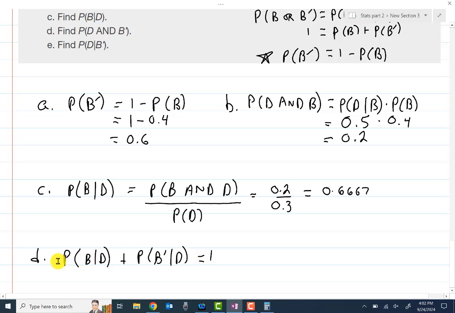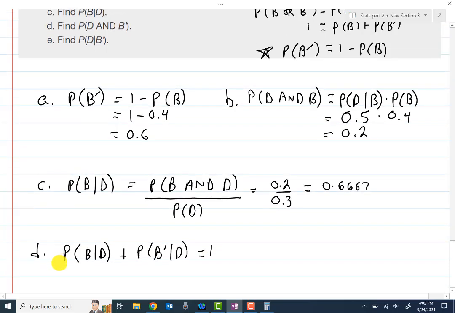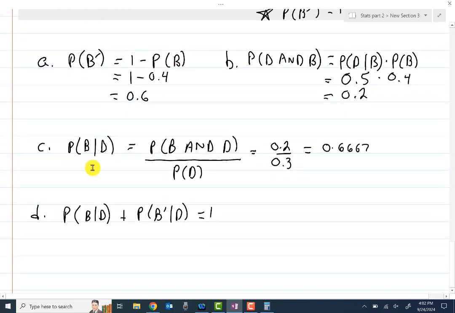The probability of something happening or not happening is always 100%. That's why we get a 1 here. I am able then to go and subtract P of B given D. And we just did that one.